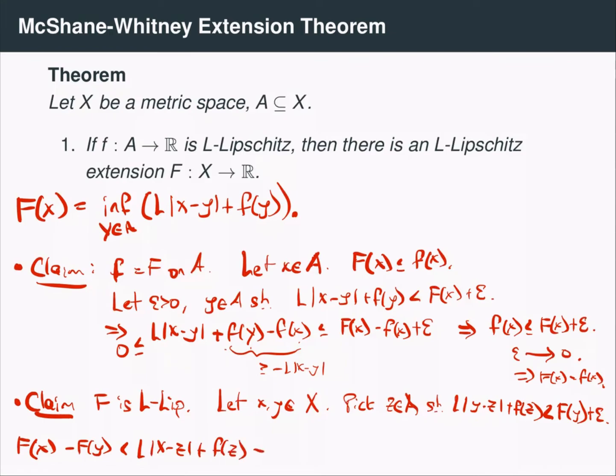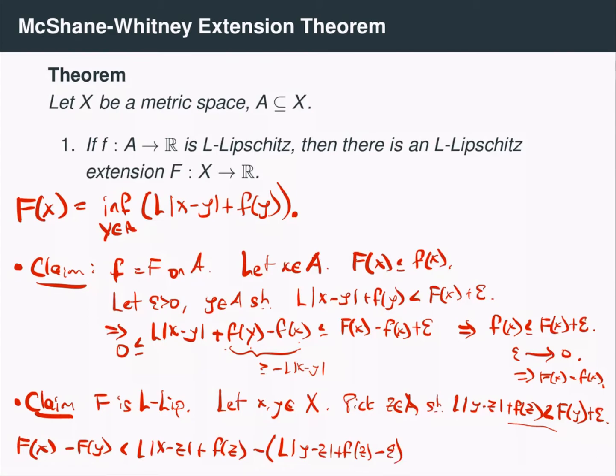And then here we use the reverse of this inequality. Because this is at most f of y plus epsilon, that means that minus f of y is less than L times y minus z plus f of y, minus f of z plus f of z minus epsilon.